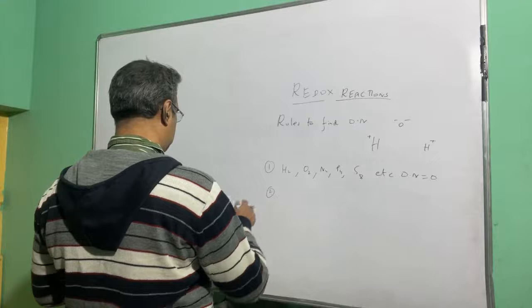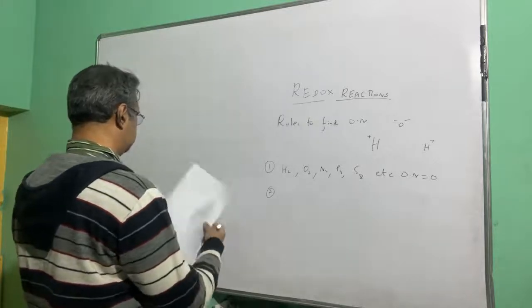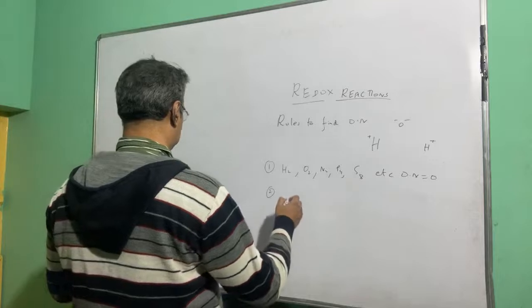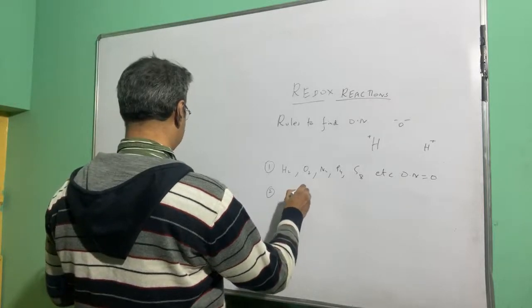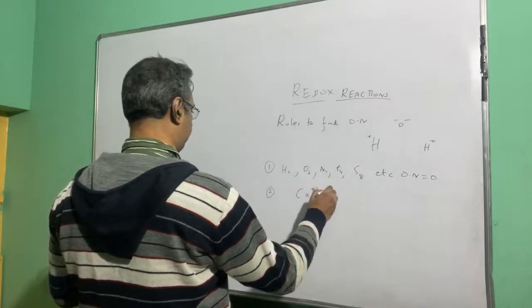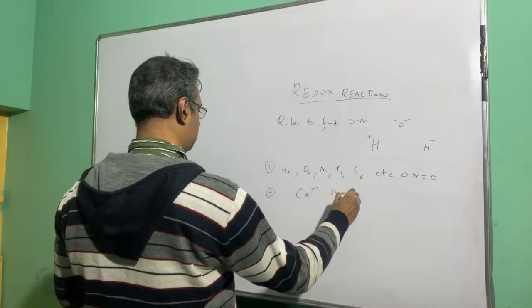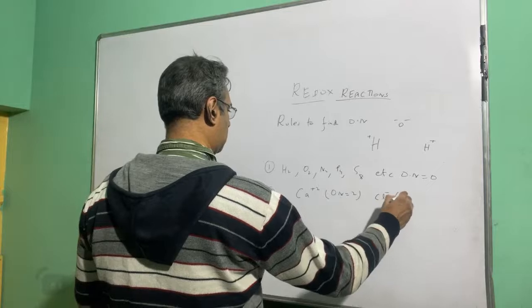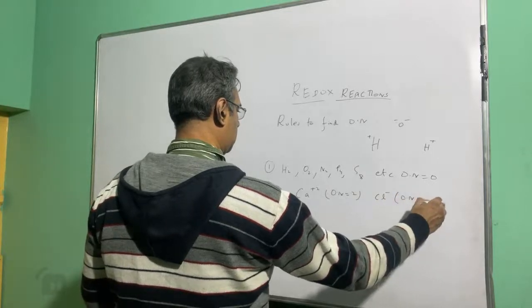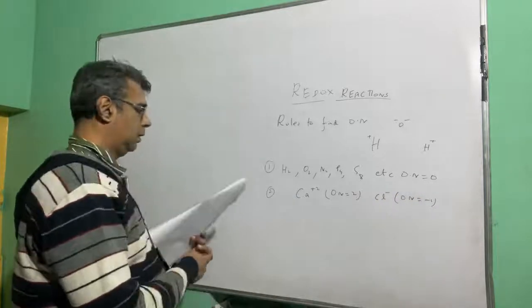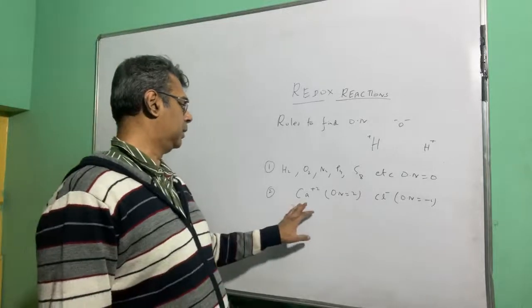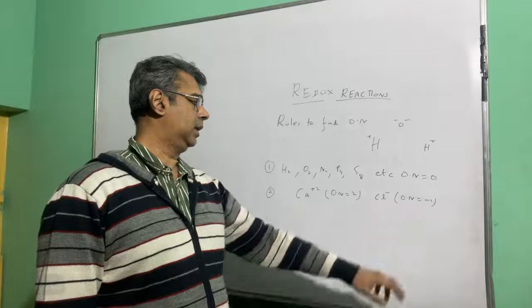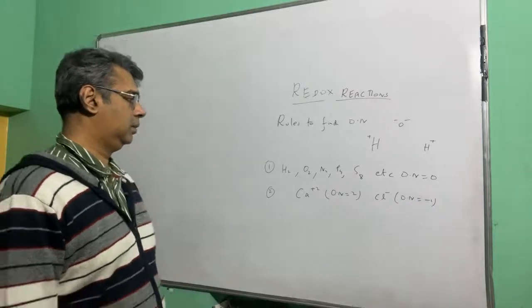Then we come to rule number 2. Ca2+ oxidation number is +2 and Cl- the oxidation number will be -1.